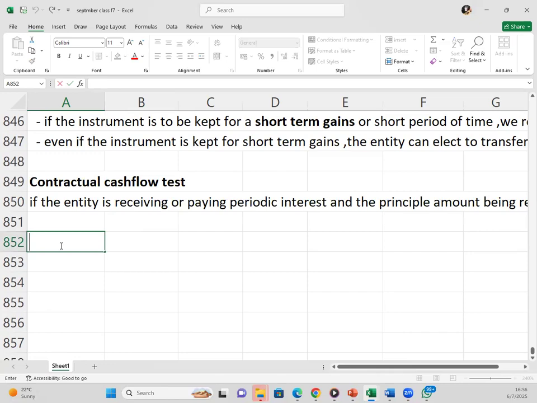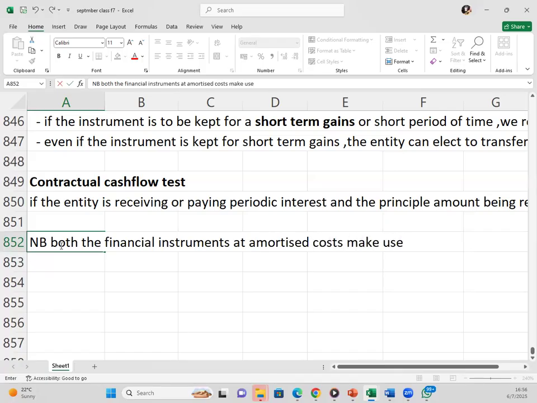NB: both financial instruments at amortized cost make use of the amortization table. Let's have an example.